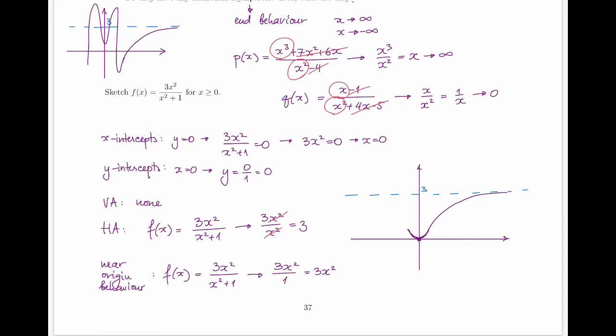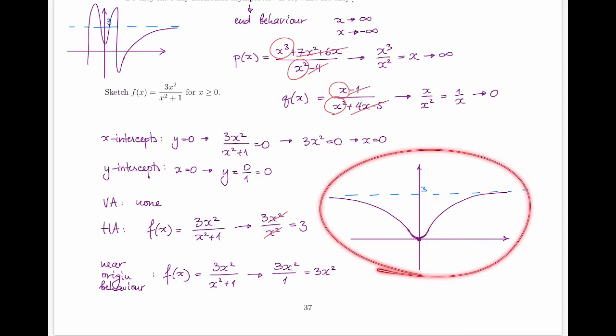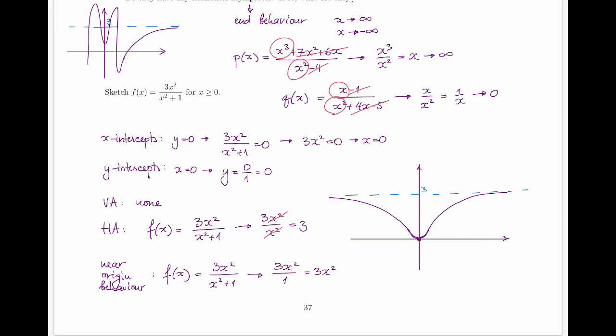The best sketch that I can provide for now is something that looks like this, knowing full well that this function might very well be quadratic, as the analysis suggests near the origin, but then jump the asymptote and approach it from the top. Okay, it turns out that the simplest shape is the correct one, so this is in fact what this graph looks like. But in calculus, you will further confirm that this is indeed the shape and not something a little more intricate.